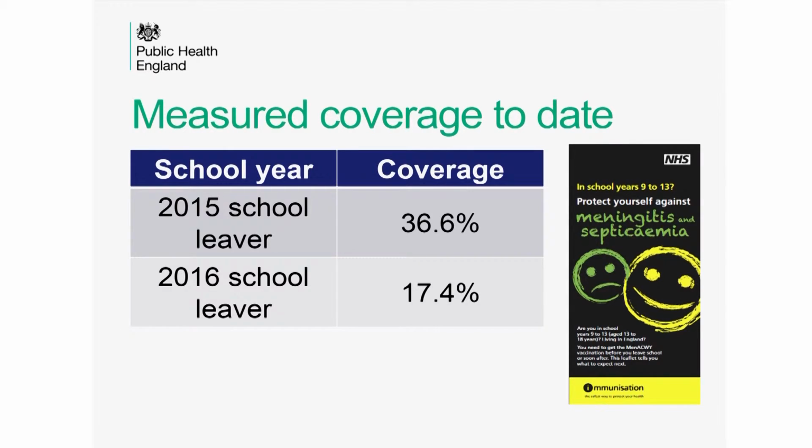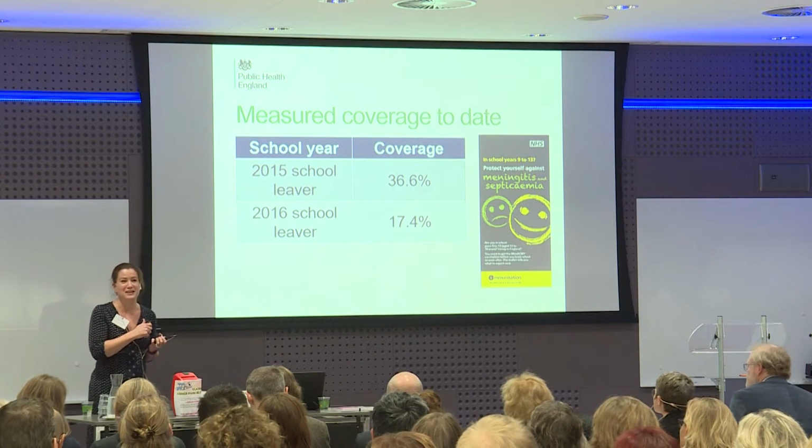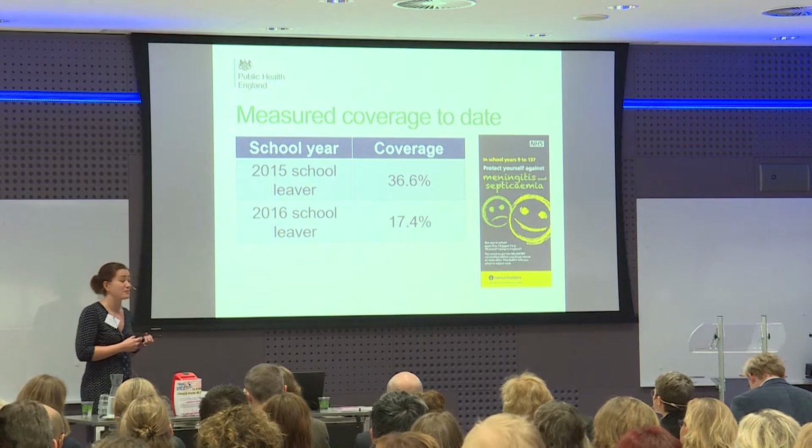So this is a little disappointing. 37% uptake in school leavers last year, and these are early data here for this year's school leavers, and I believe that they're already up to around this level, and we're hoping they may be higher, but it's very difficult to motivate this age group to go to their GP and take up the offer of vaccination, even against a disease like this.